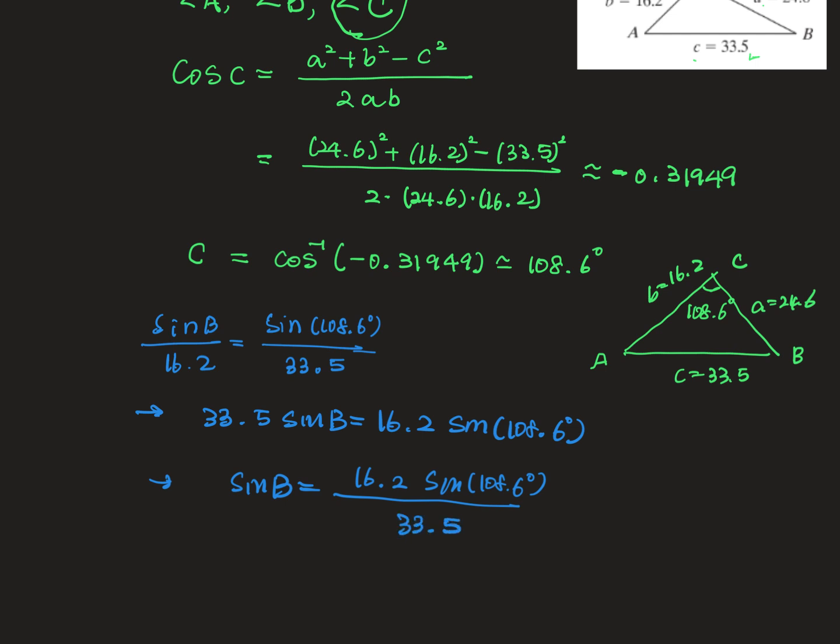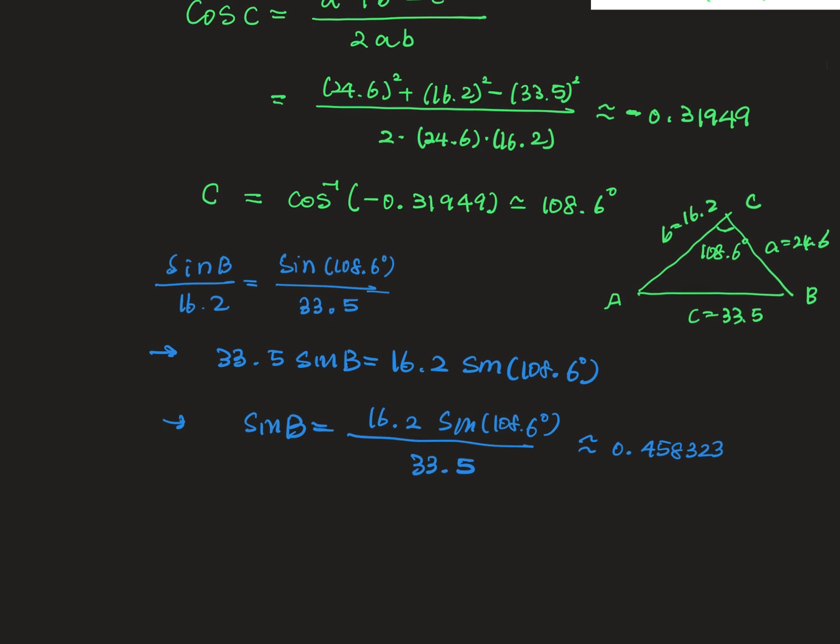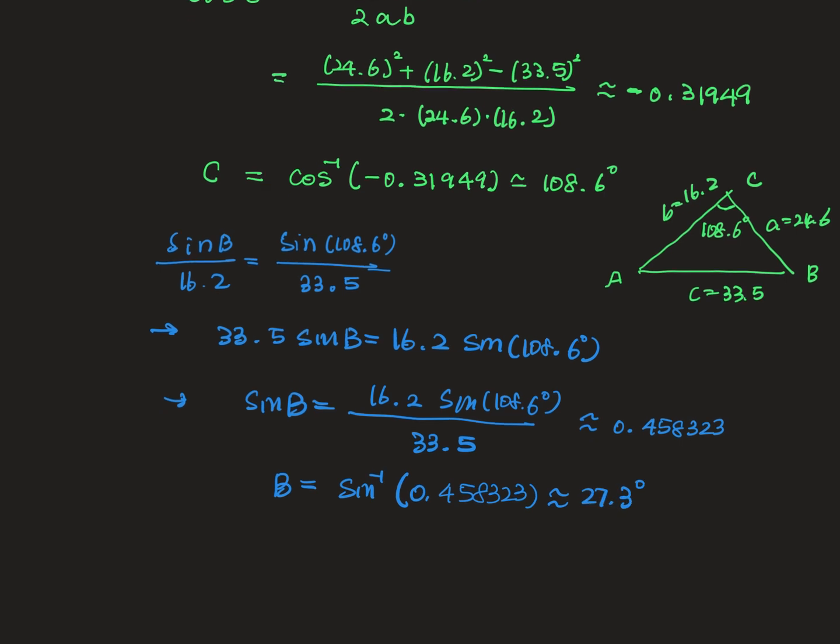This is approximately 0.458323. You find B using inverse sine, arc sine, which is approximately 27.3 degrees. Now you have found everything.